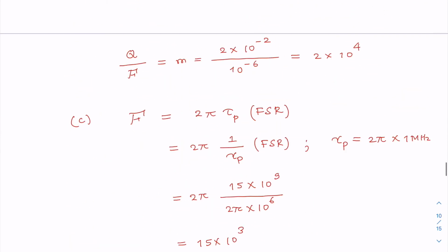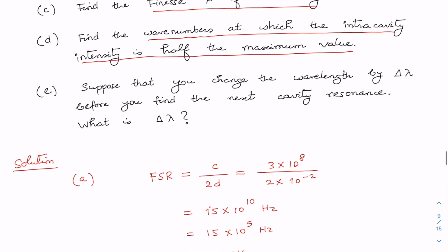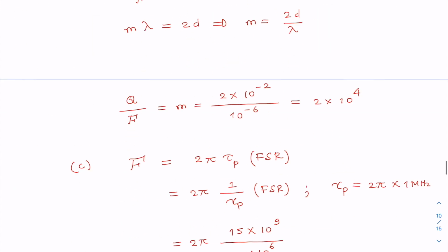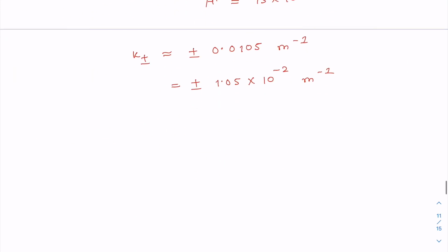Now let us do the final part of the problem. Suppose that you change the wavelength by delta lambda before you find the next cavity resonance. What is delta lambda? Okay, let us do it.